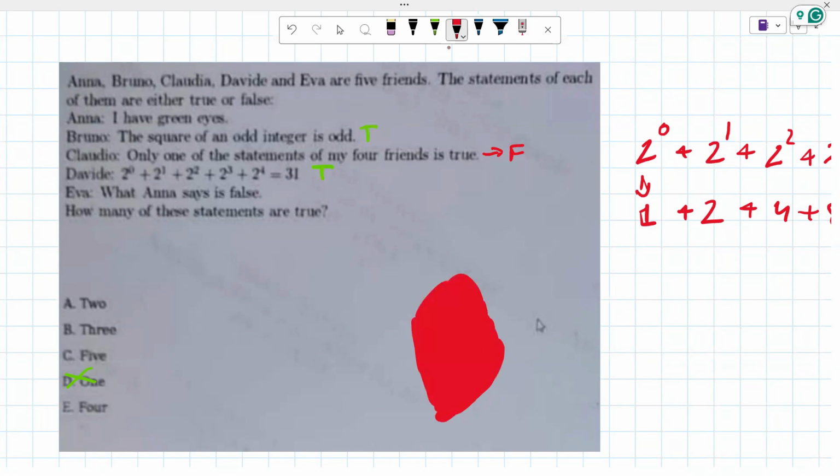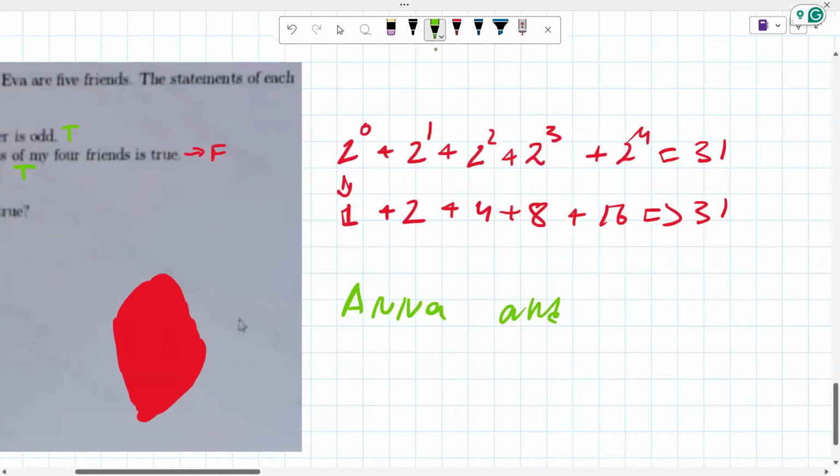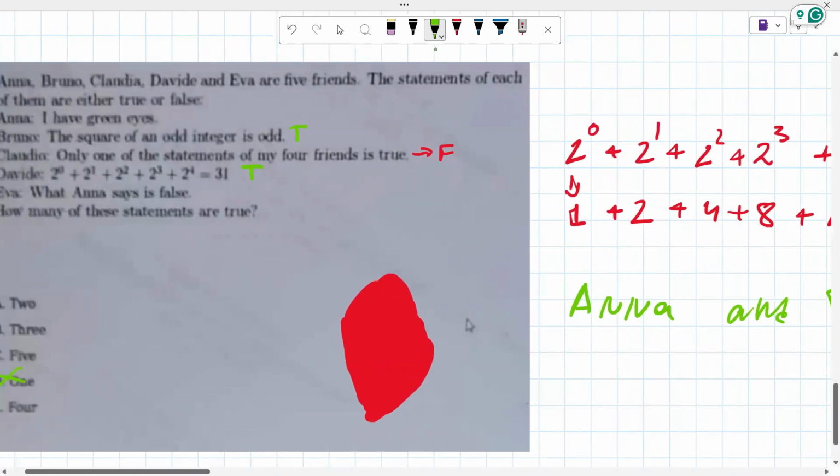Can we assume that Anna is telling the truth or lying? No. But we for sure know that Anna and Eva cannot be truthful at the same time. Anna cannot tell the truth and Eva at the same time tell the truth. Why? Because there is a contradiction.